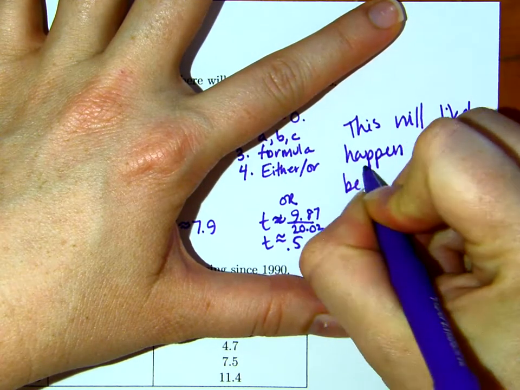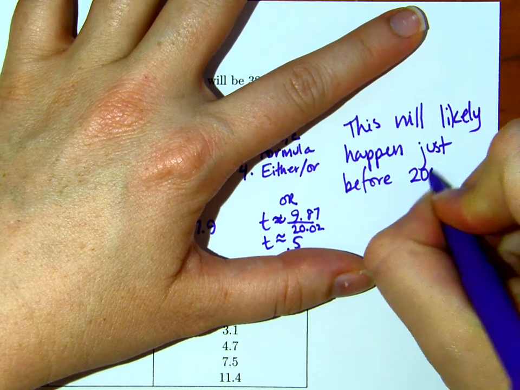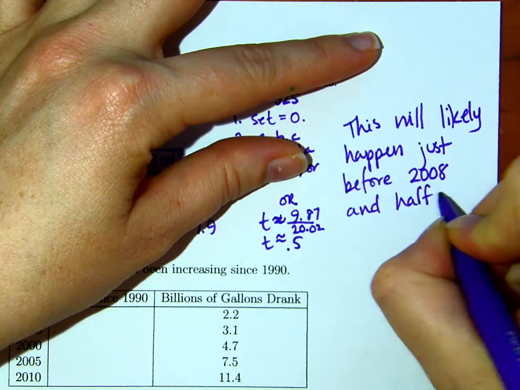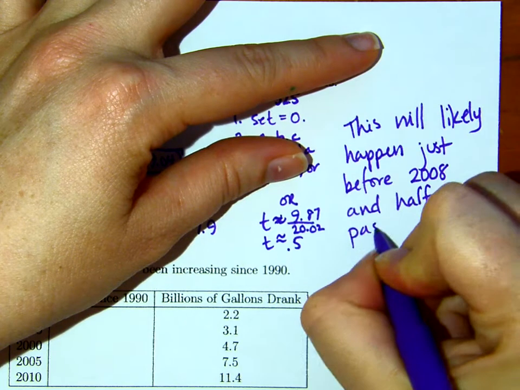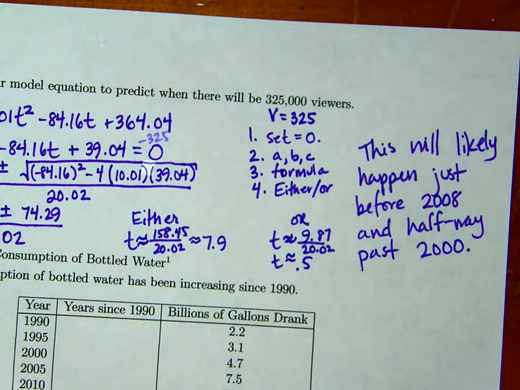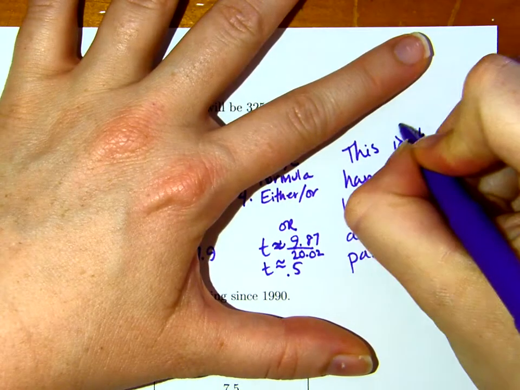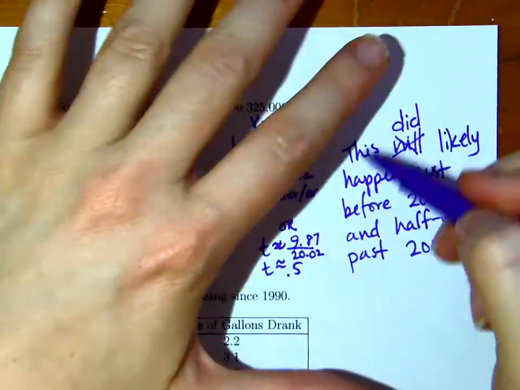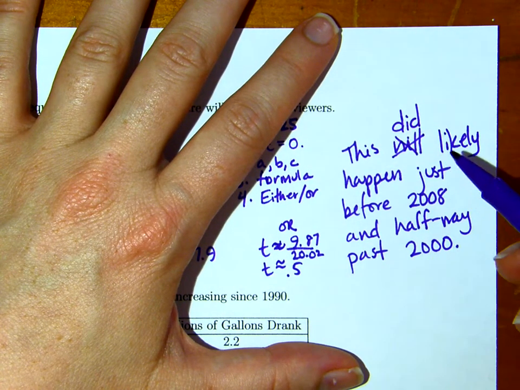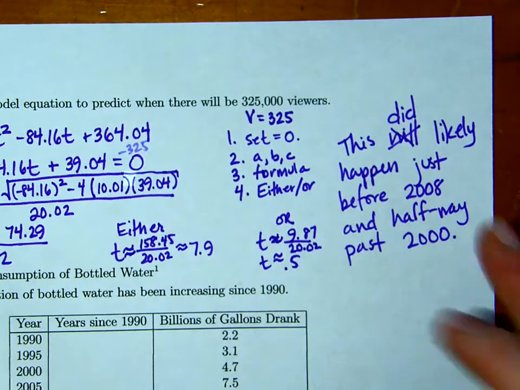Just before, or what likely did happen. 2008 and halfway past the year 2000, or halfway through, or did. I realize that's not grammatically correct, but it's at least more mathematically correct because it's past. This did likely happen just before 2008 and halfway past 2000, or halfway through.